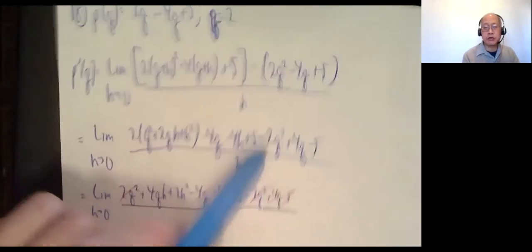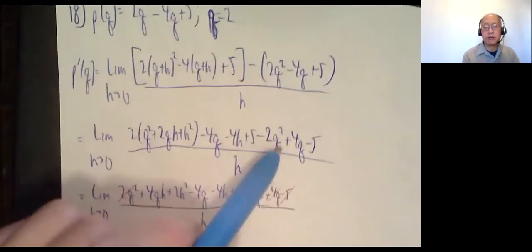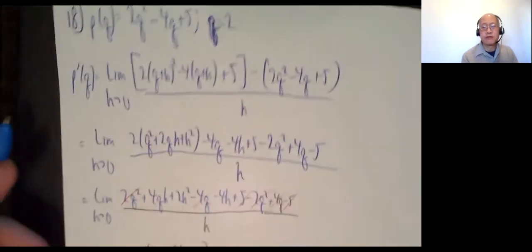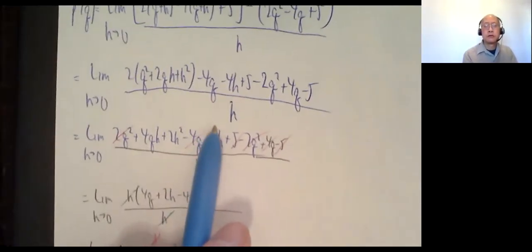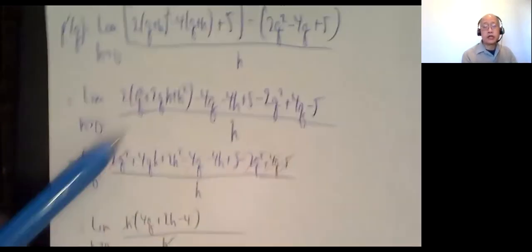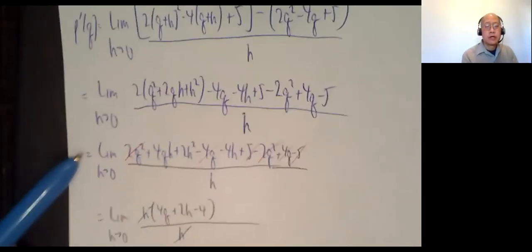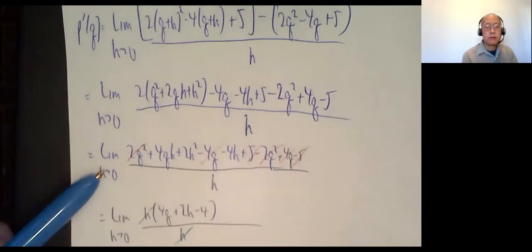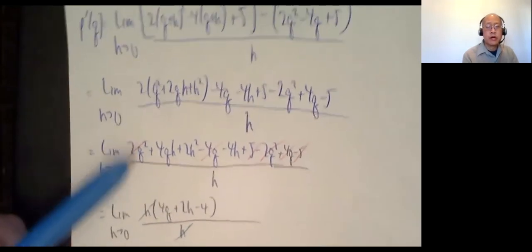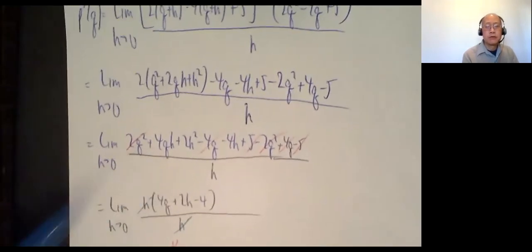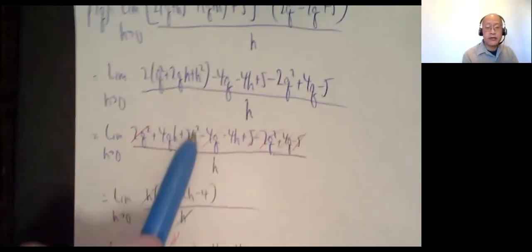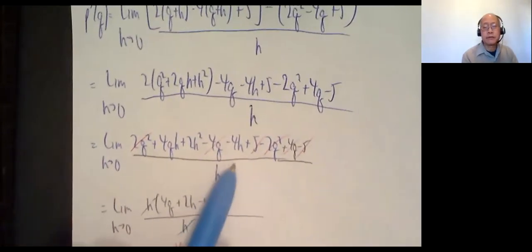So minus 2Q squared, minus a minus, so plus 4Q minus 5, all over H. And then I distribute the 2. Limit H approaches 0. 2Q squared plus 4QH plus 2H squared. Everything else is just a copy.